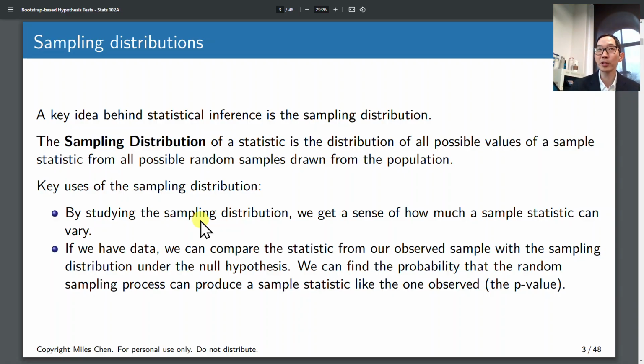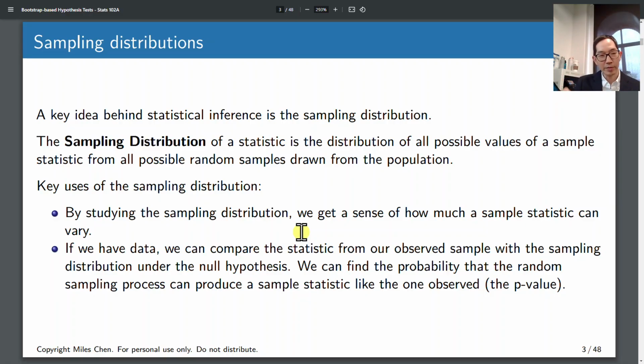The sampling distribution of a statistic is the distribution of all possible values of that sample statistic from all possible random samples of a given size drawn from the population. The key use is that by looking at this sampling distribution, we get a sense of how much a sample statistic can vary.